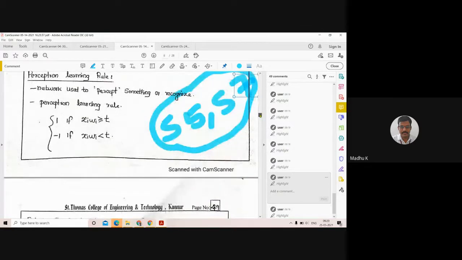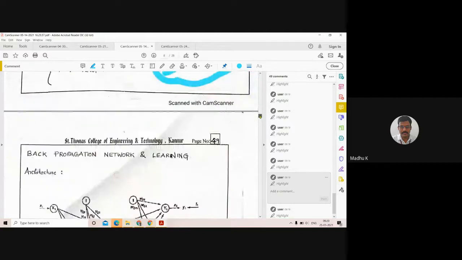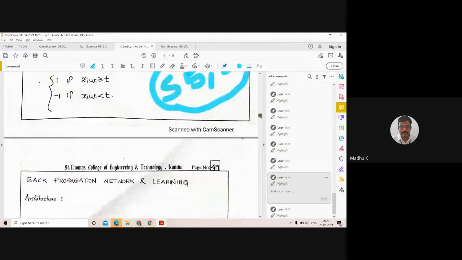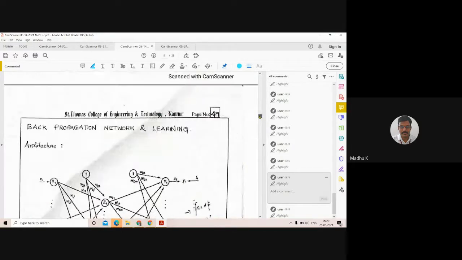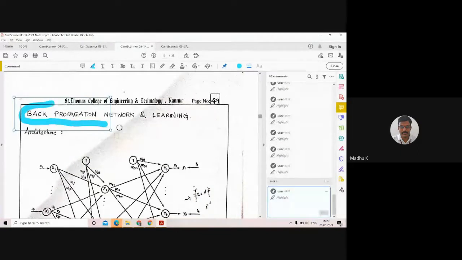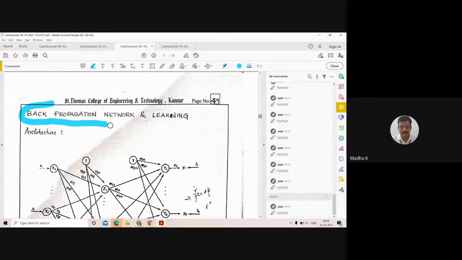Now we are going to the backpropagation network and learning. This is the architecture. In this semester, we want to study this method. We don't want to study other algorithms or network learning algorithms.